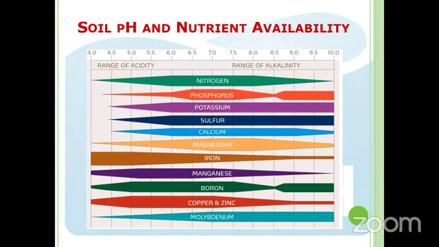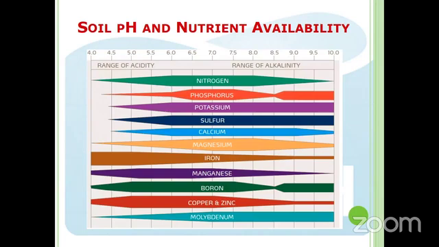Now pH is measured in the range of 0 to 14, and the center or neutral pH is 7. That means any pH below 7 is called acidic pH, and any pH above 7 is called alkaline or basic pH.